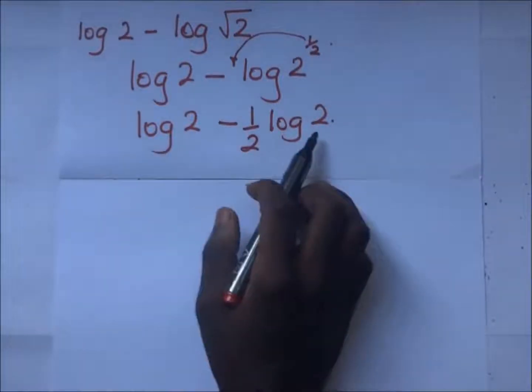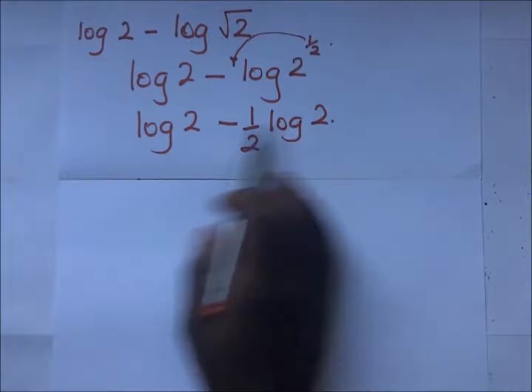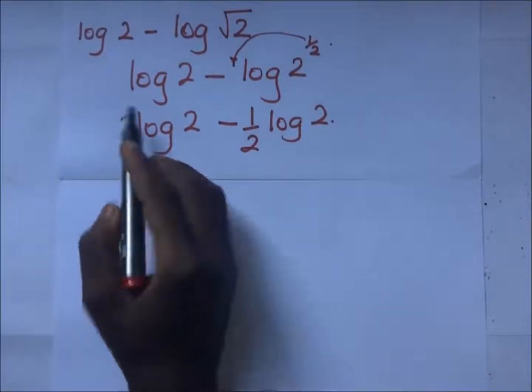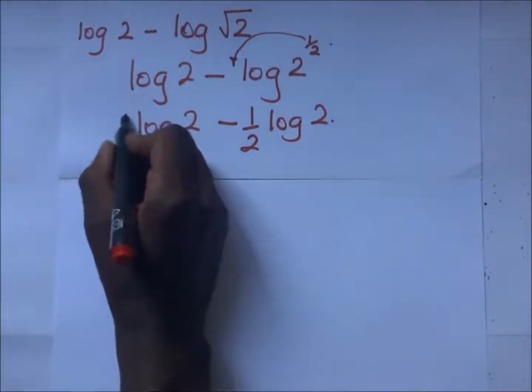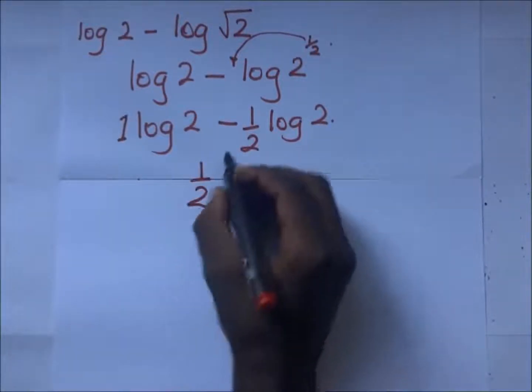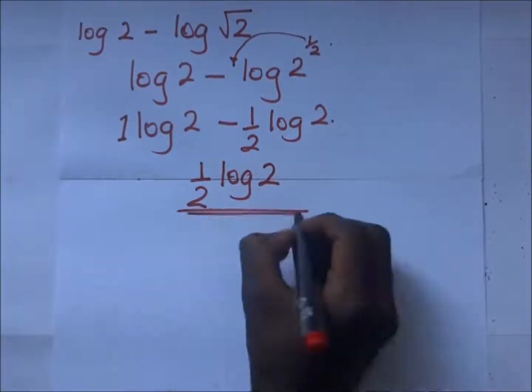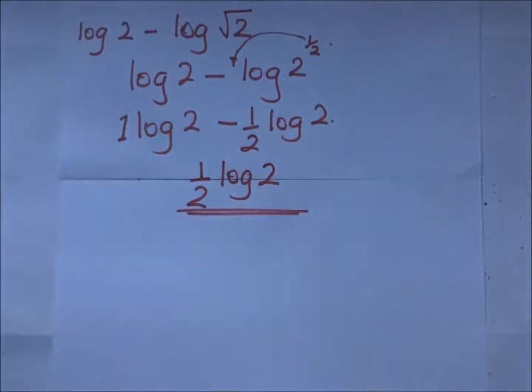Now, log of 2 minus a half log 2 is like saying x minus a half x. And of course here, the coefficient of this log is 1. So 1 minus a half will give you a half times the logarithm of 2 as the answer. It gives us the same answer as we got in the first method.